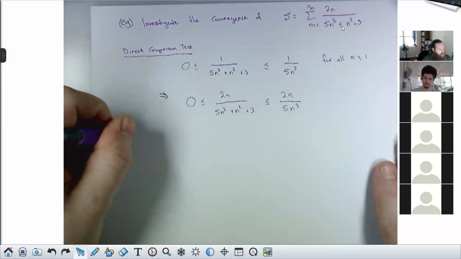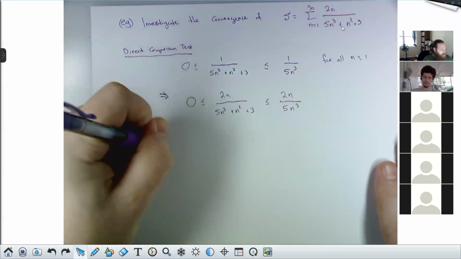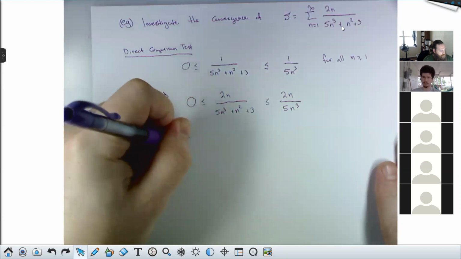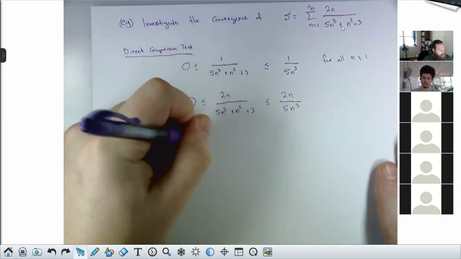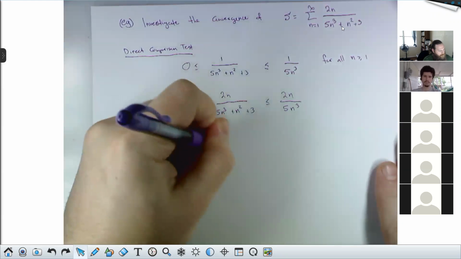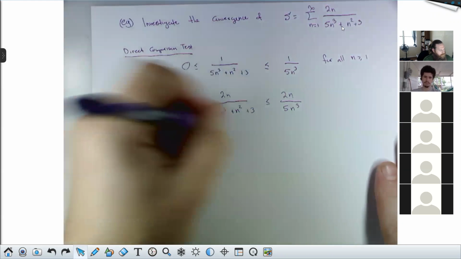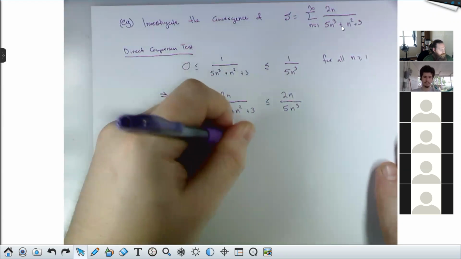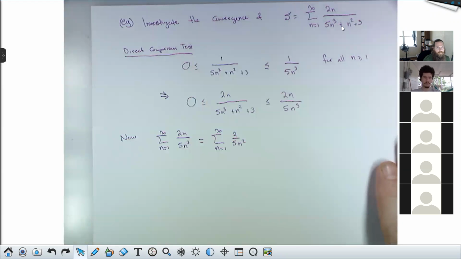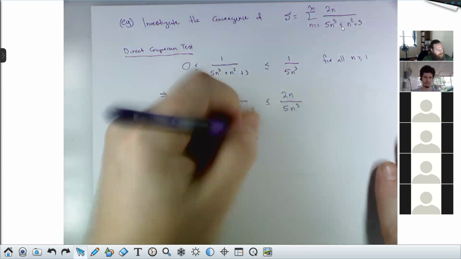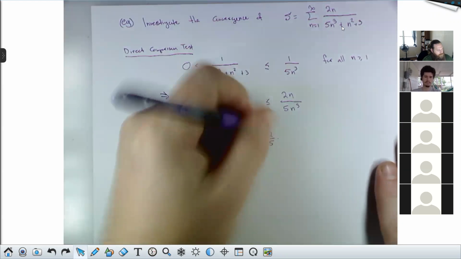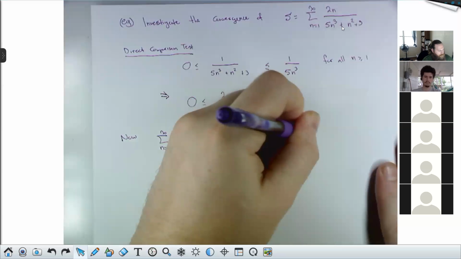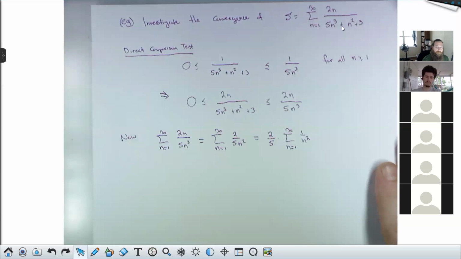Now, the series sum from n equals 1 to infinity of 2n over 5n cubed is equal to, just doing some algebra, the sum from 1 to infinity of 2 over 5n squared, which is equal to 2/5 times the sum from n equals 1 to infinity of 1 over n squared.